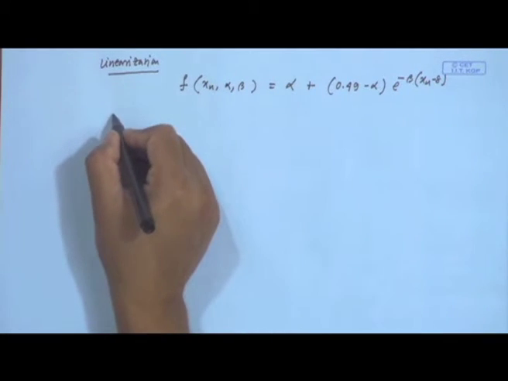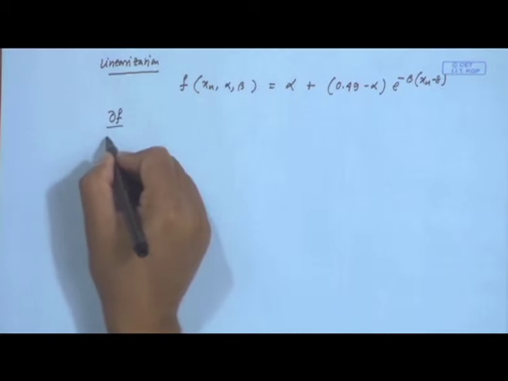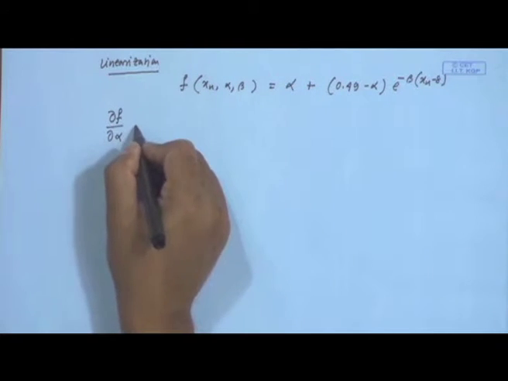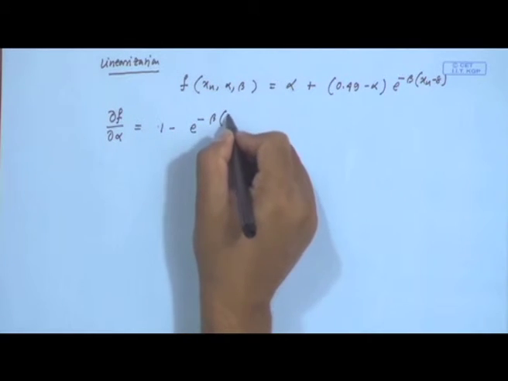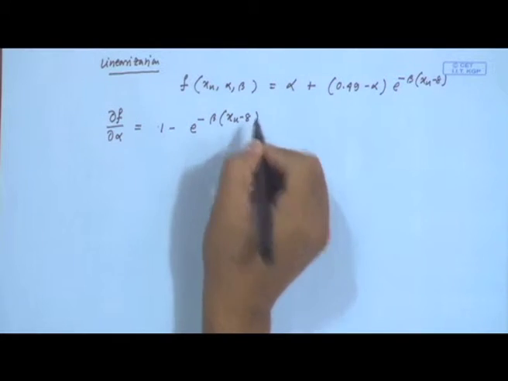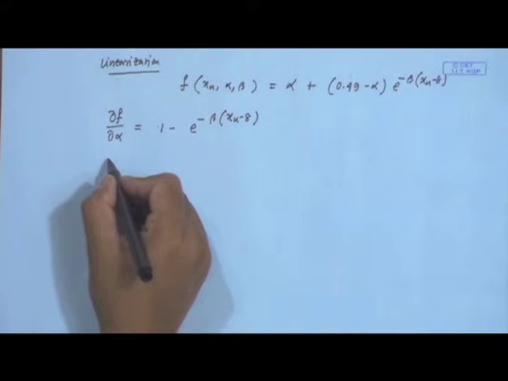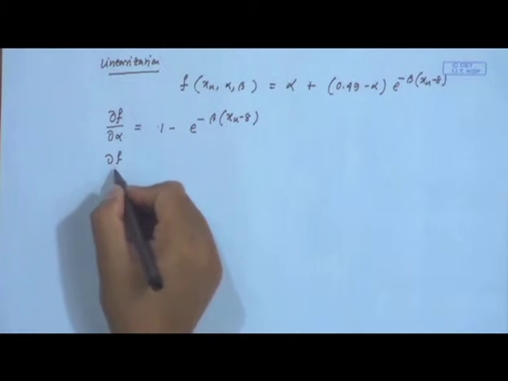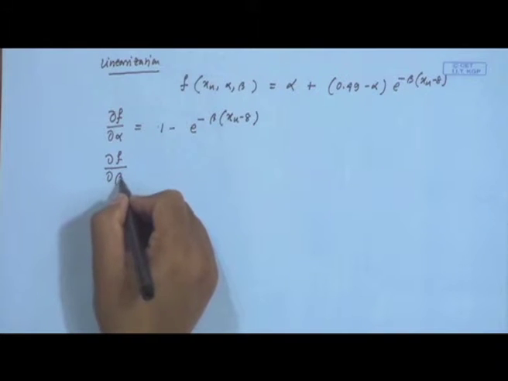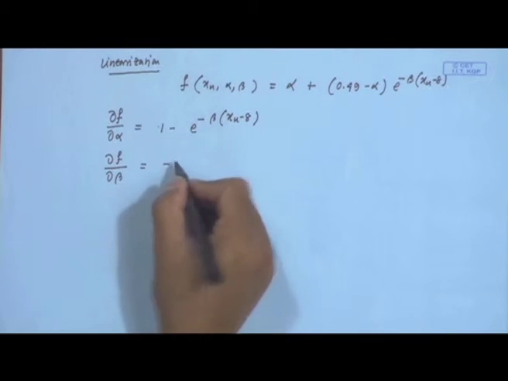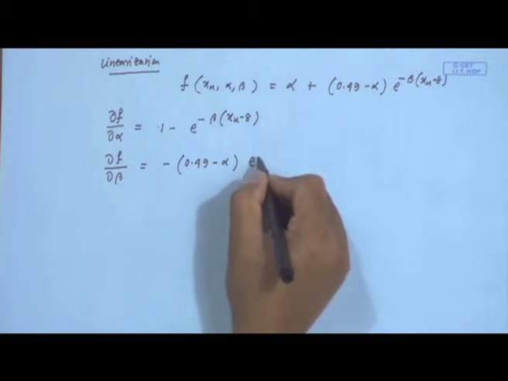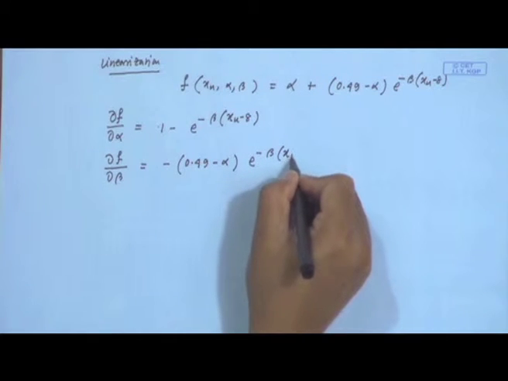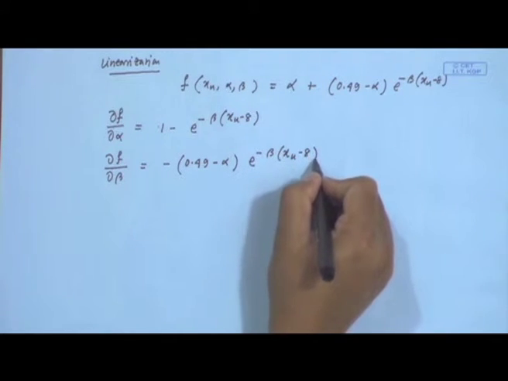The derivative of this function with respect to alpha is 1 minus e to the power of minus beta x_u minus 8, and the partial derivative with respect to beta is equal to minus 0.49 minus alpha e to the power of minus beta x_u minus 8.